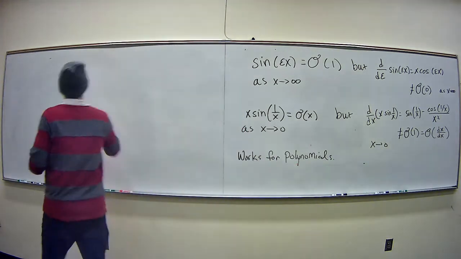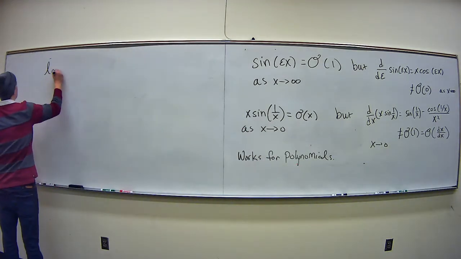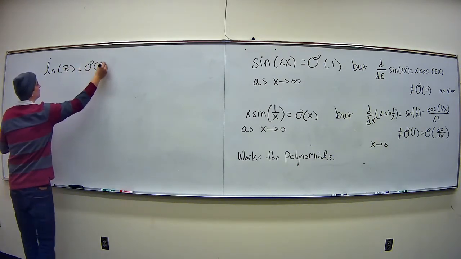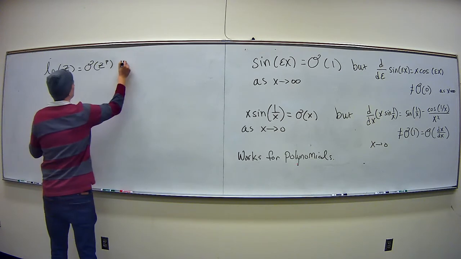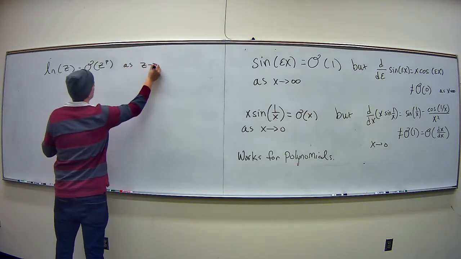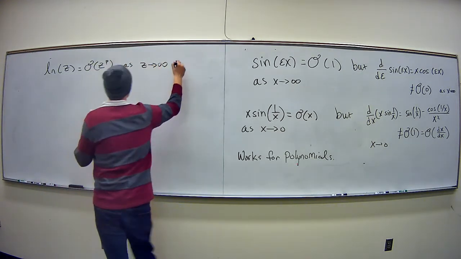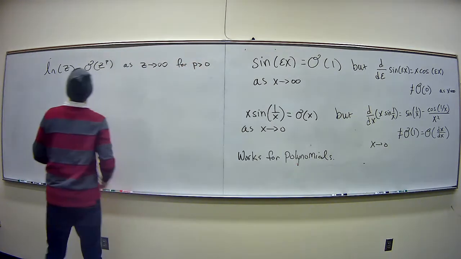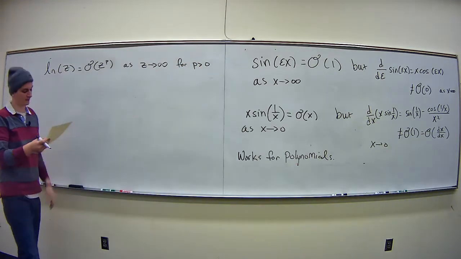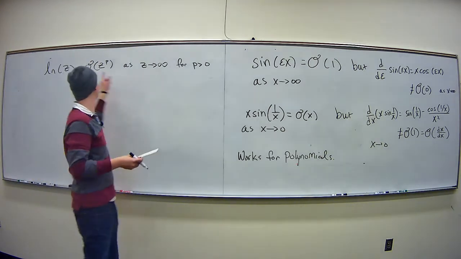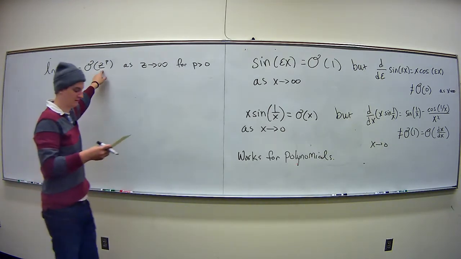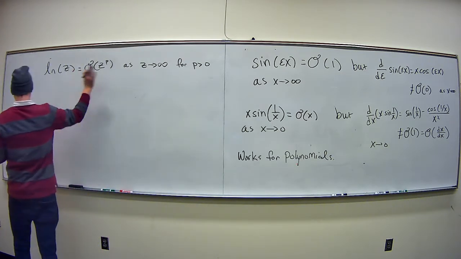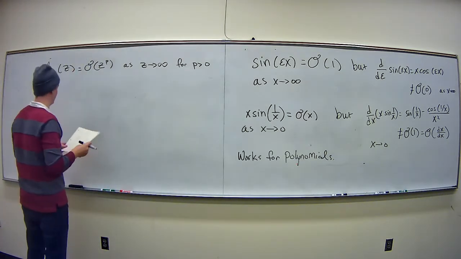Okay, so here's one concept. You can show that for any positive p, z to the p, the natural log is the order of that as z goes to infinity.